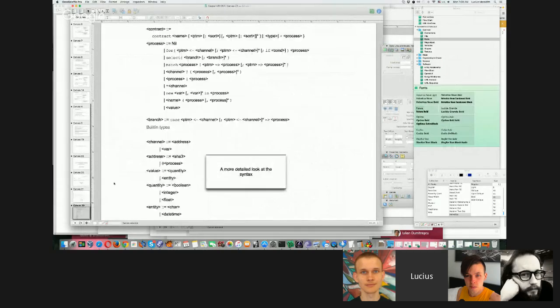So there's that. Here's a slightly more detailed look at the syntax that I've been proposing. It's in the notes. I just wanted you to see that it's more fleshed out than just a few examples. And the other point is, again, in favor of reflection.